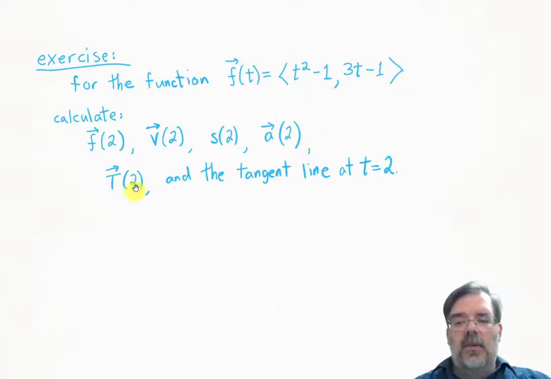Then the unit tangent vector at 2, which you can get from some of the previous parts here. And finally, the equation of the tangent line, in parametric vector form, at t equals 2. And again, you're going to be able to get that using some of your previously calculated information.